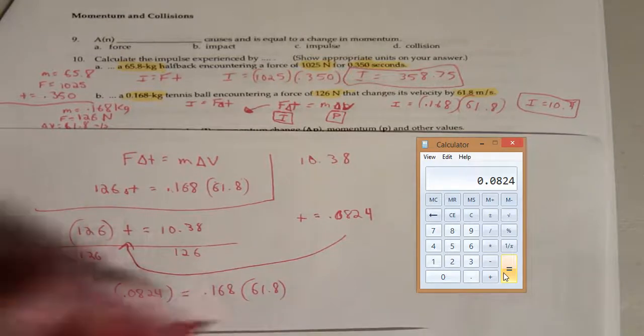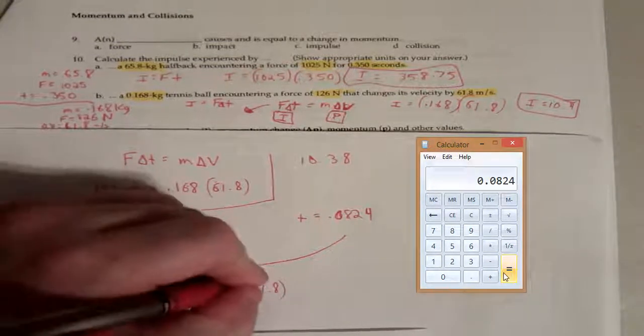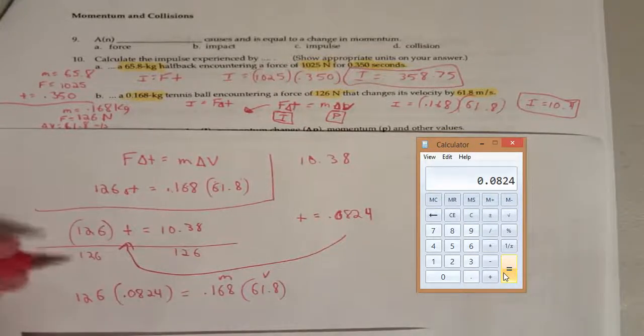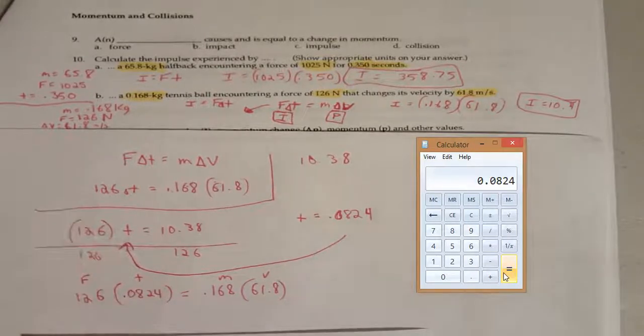Notice, this is our velocity, mass, force, time. We already know what this times this is, right? It should be this. Let's do this times this. I'm going to do it on our calculator. So 126 times 0.0824. Bam, 10.38. Same thing, right?